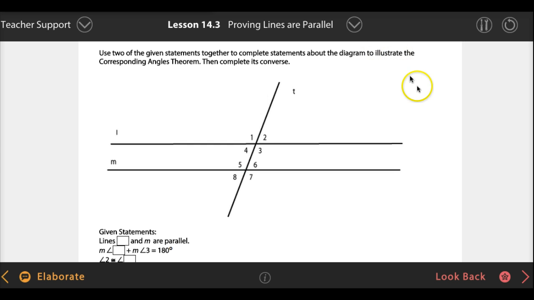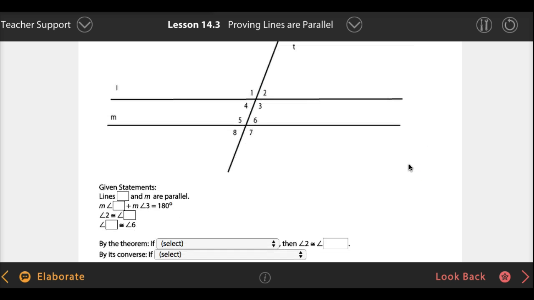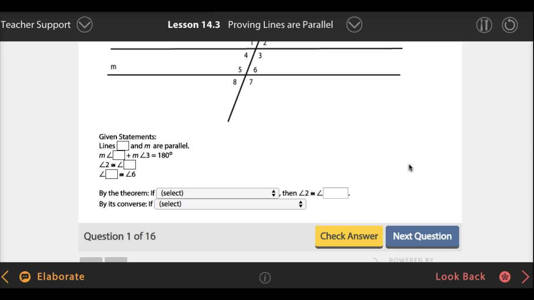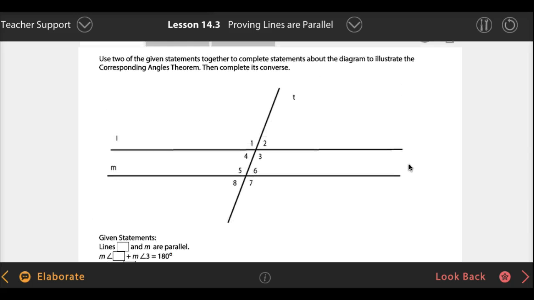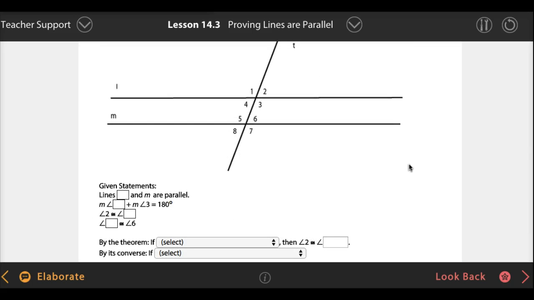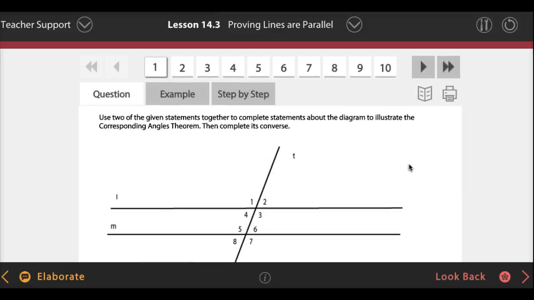If you remember how I told you all those angles measure the same, and some angles are supplementary, those are called postulates or theorems. Basically, when the lines are parallel, all those angle pairs are measured the same. But the converse is the opposite way: we don't know if they're parallel. Let's see. Given statements: what lines are parallel?